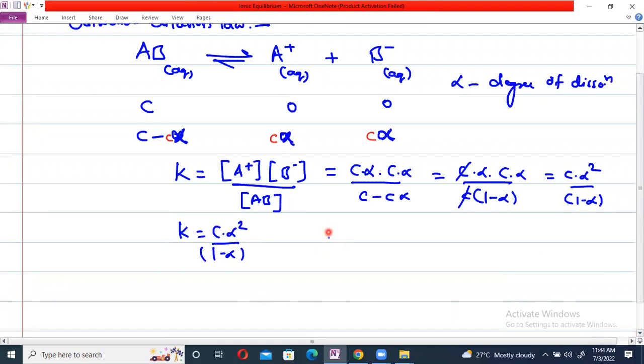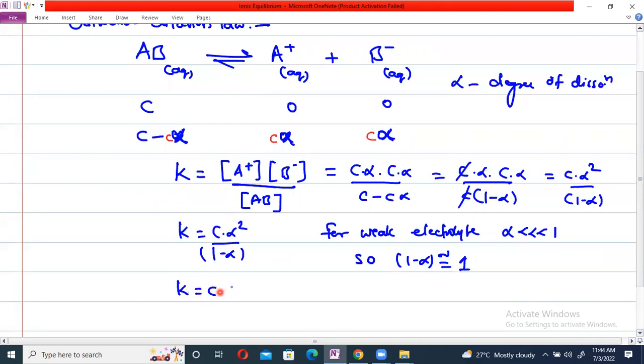For any weak electrolyte, the degree of dissociation will be very, very less than 1. So 1 minus alpha, which is at the denominator, can be taken as 1. So we can write K equal to C into alpha square.